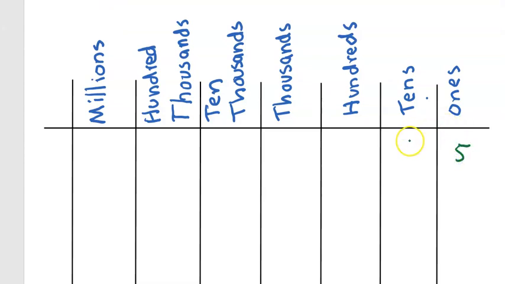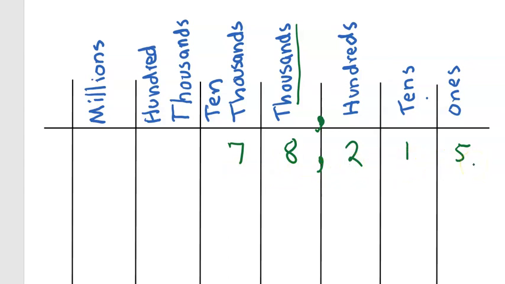We have 5 ones, a 10, 200, 8,000 and 7 10,000s. And on your place value chart, I didn't show this, but go ahead and put a comma here after the thousands place, and that will remind you that a comma goes right there in your number. So now you've got 78,000, then 215.